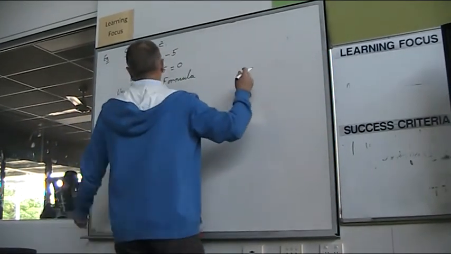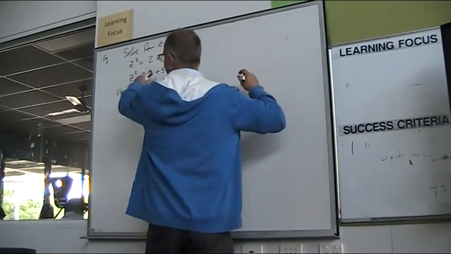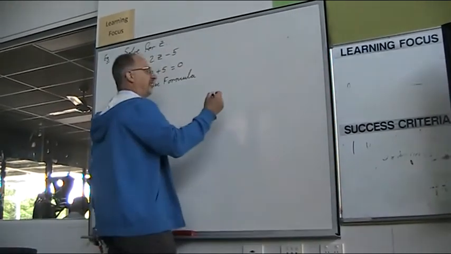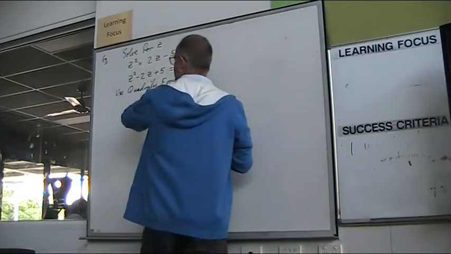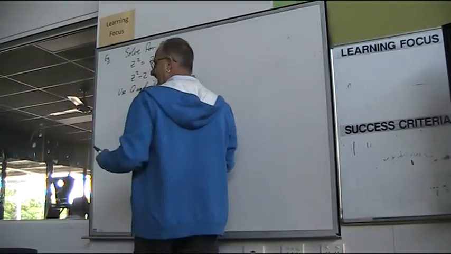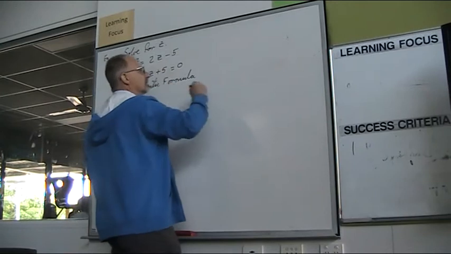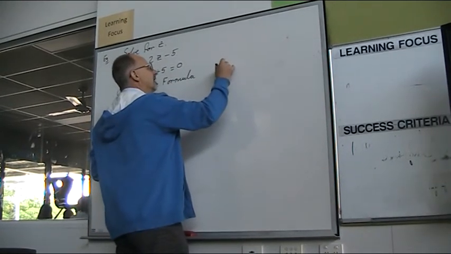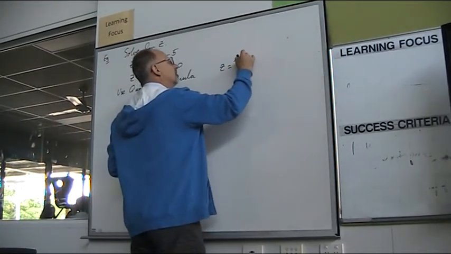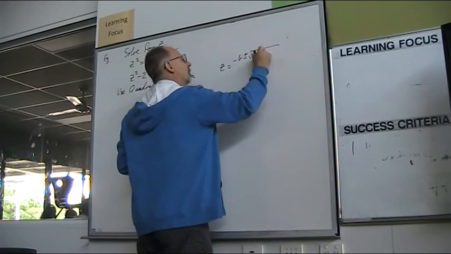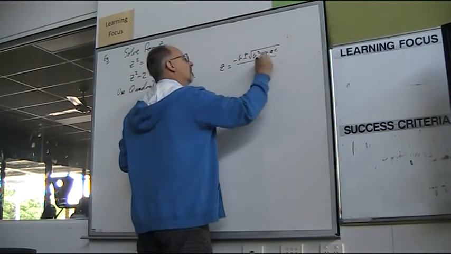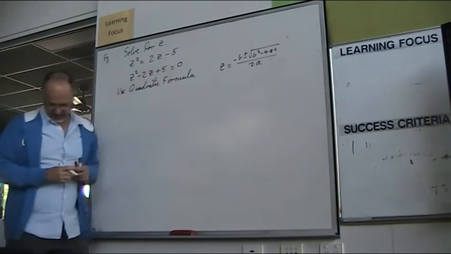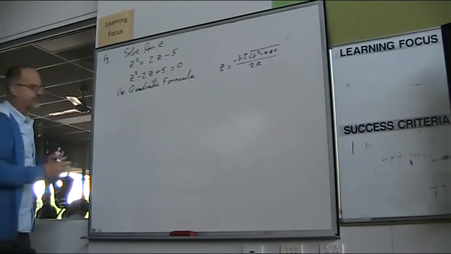Alright, so we could go through that complete the square process and factorise it, but the quadratic formula's already done all of that for us. So in this case, z equals negative b plus or minus the square root of b squared minus 4ac, all on 2a. So that works exactly the same.